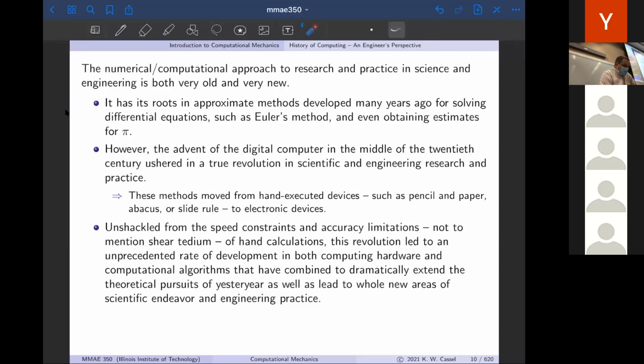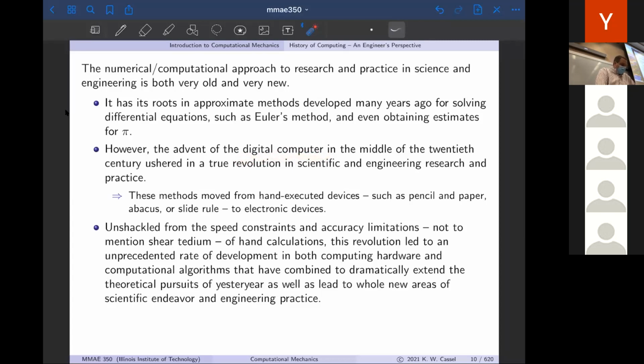But it wasn't until the advent of the digital computer in the 1940s and 50s, so we're talking half a century ago, a little bit more now, when digital computers became usable, that it revolutionized everything. Because now all those tedious calculations required to calculate pi or solve a differential equation, you can have a computer do rather than doing it by hand or using an abacus or counting on your fingers and toes.